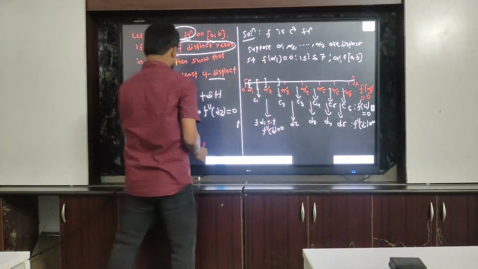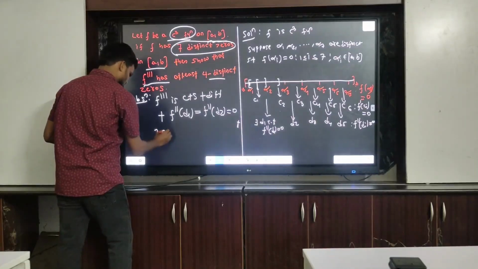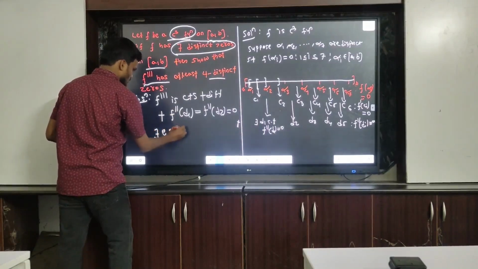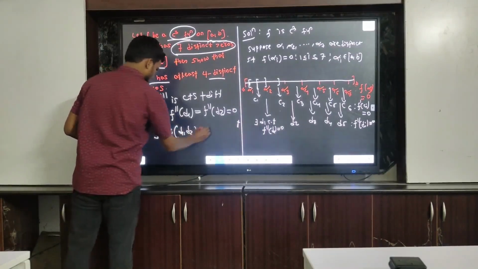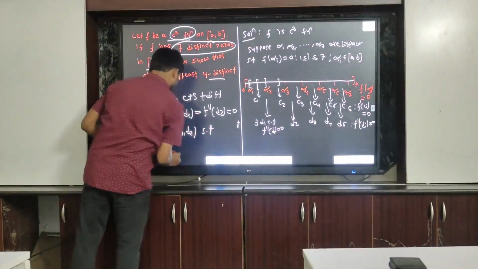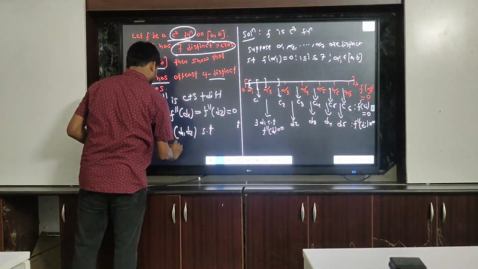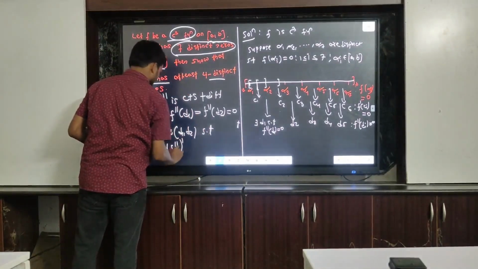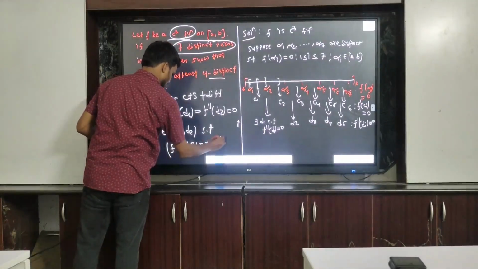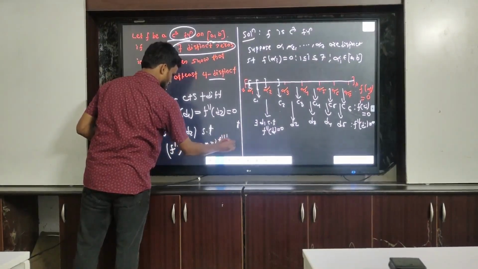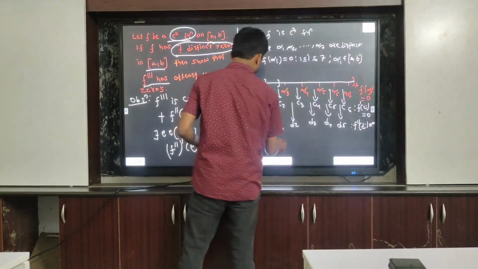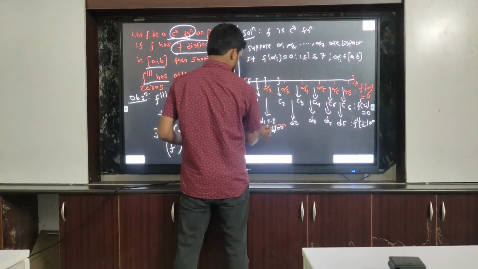That means there exists an E belonging to d1 comma d2 such that f double dash at point E is equal to 0, so f triple dash at point E is equal to 0. So this is done.